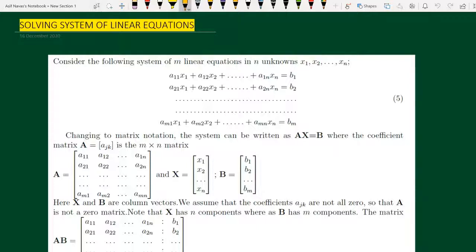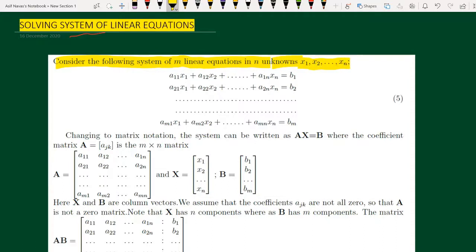In this session, we will discuss solving a system of linear equations. Consider the following system of m linear equations in n unknowns x1, x2, etc., xn.